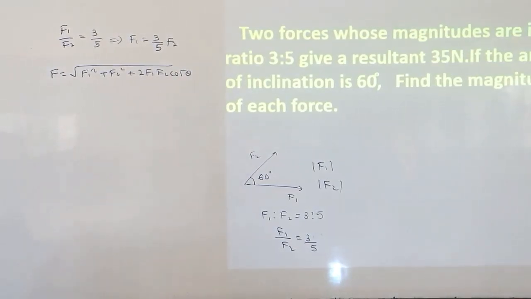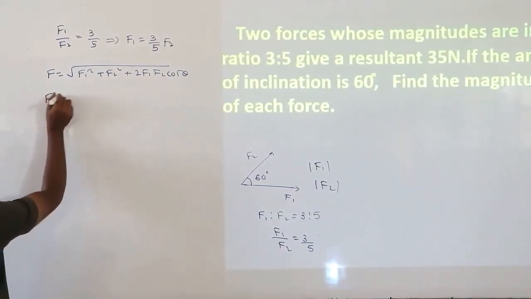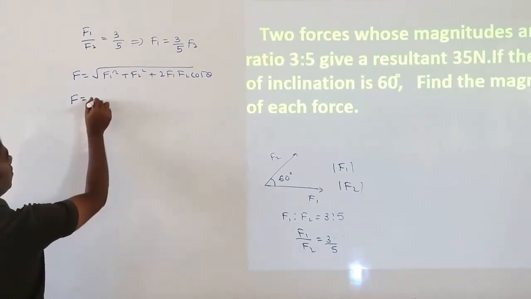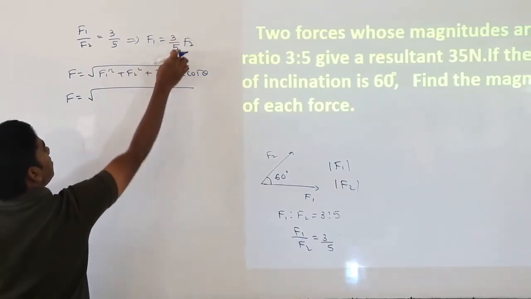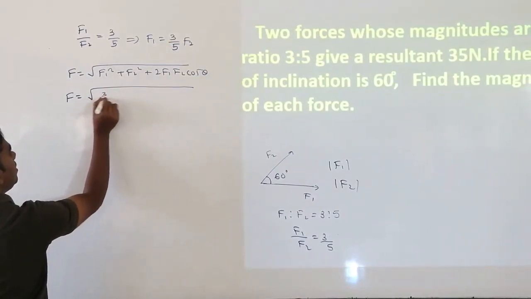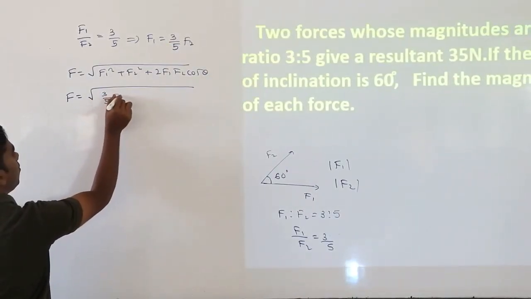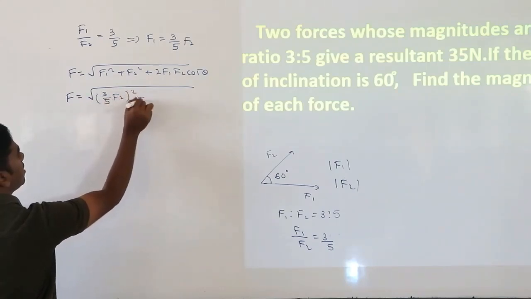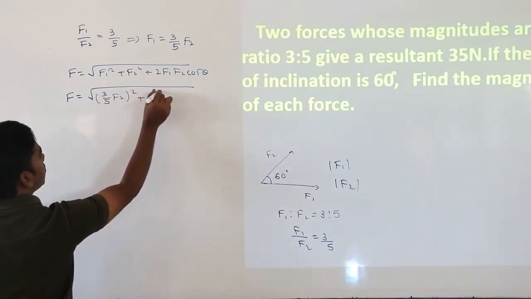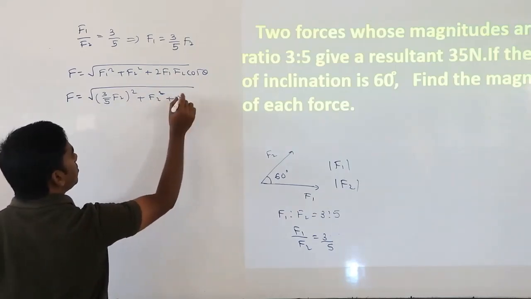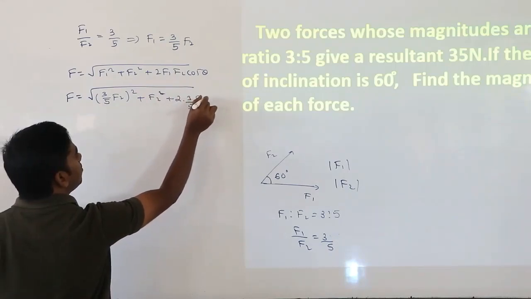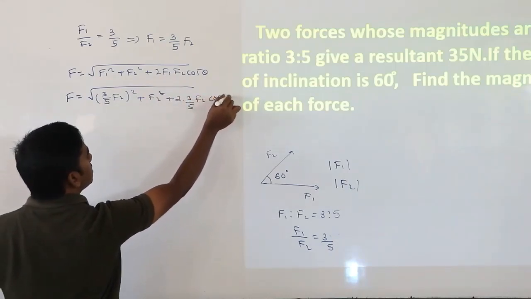So now F equals the square root of 3 by 5 F2 the whole square, plus F2 square, plus 2 times 3 by 5 F2 times F2 times cos 60 degrees.